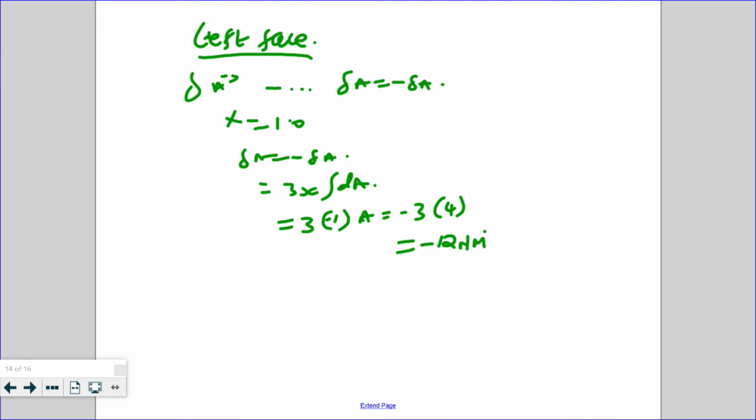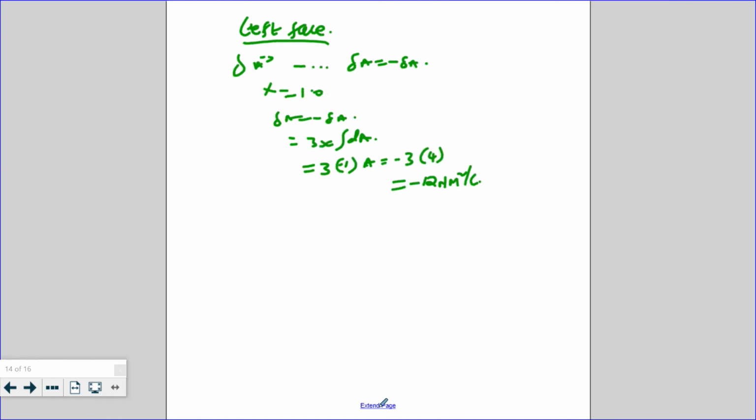And lastly, let us obtain the flux through the top face. On the top face, dA is given by dA times j.